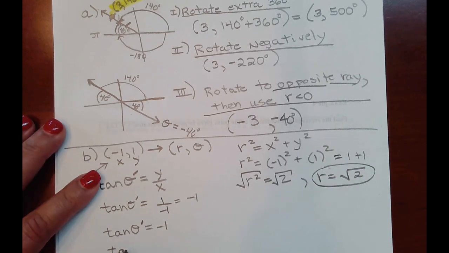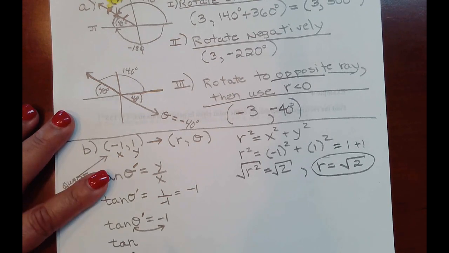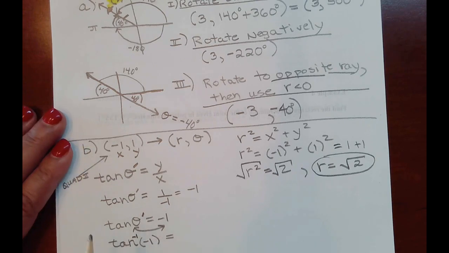So your calculator will at least get you the reference angle. Just switch these two. You've got to put it in inverse form if you want your calculator to tell you what the angle is. So tan of the angle is equal to the number becomes the angle is equal to inverse tan of the number. You just bring the number over here and the angle over here when you want to go from non-inverse form to inverse form.